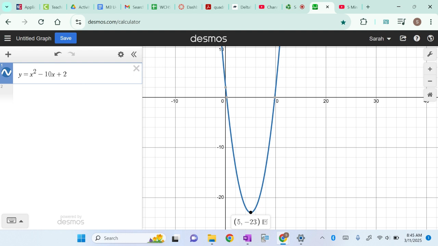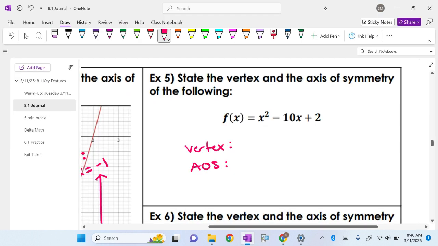It does look like a U. So would that be a maximum or a minimum? It's a minimum. So in this case, the vertex was a minimum. So we had a minimum vertex. Now, Taylor, what was the point for the vertex?